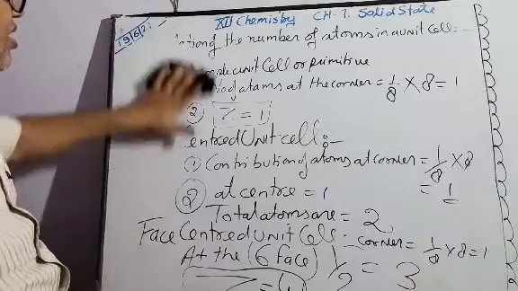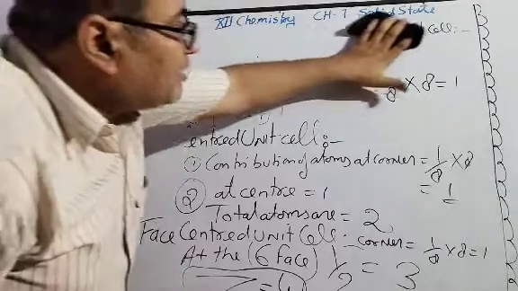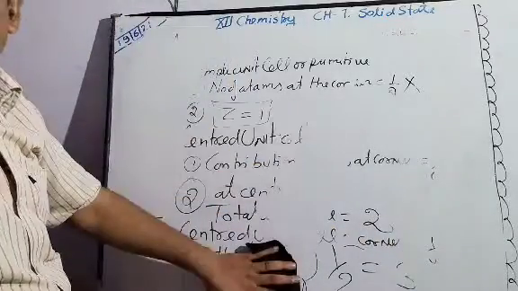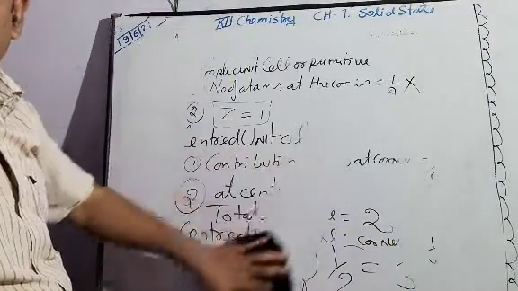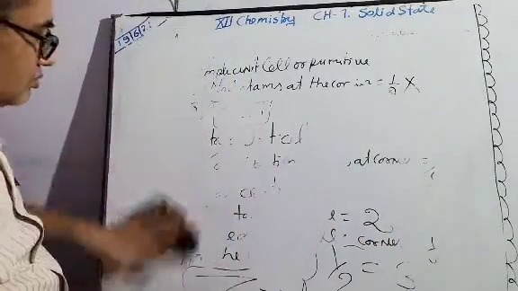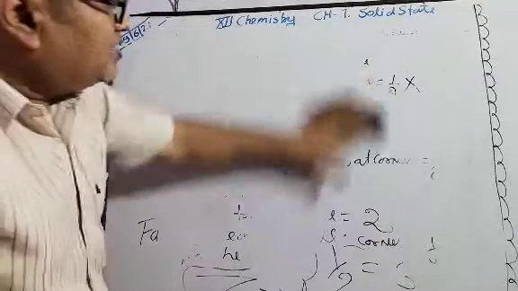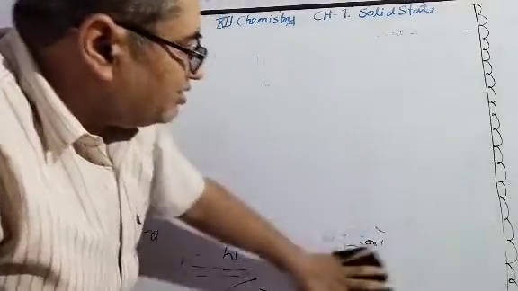Now we move on to the fourth type of unit cell, the end centered unit cell.